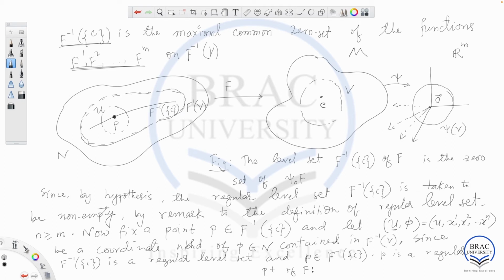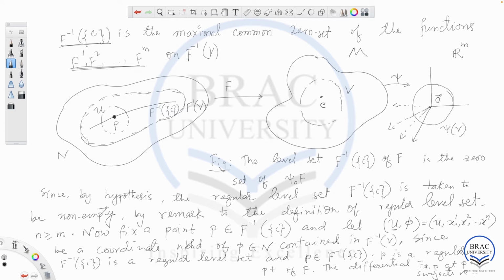So what does it mean? From the definition of regular point, we know that the differential F star comma P at P is surjective.